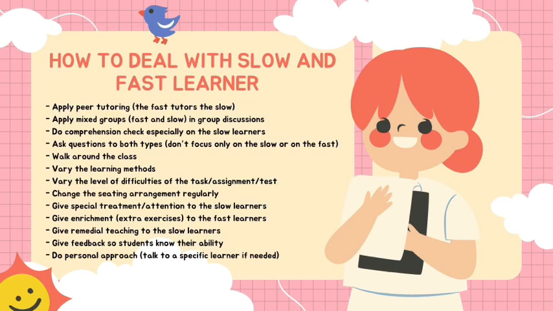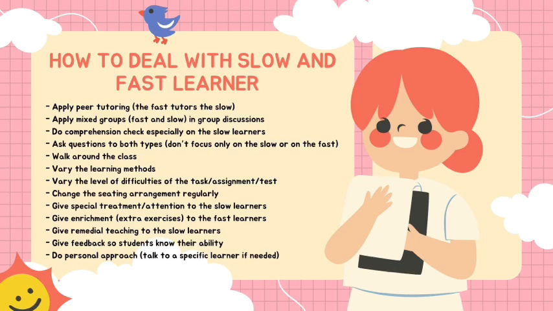We can involve them. The next, we can apply mixed groups, fast and slow, in group discussion, to blend them so that the fast and slow will help each other.